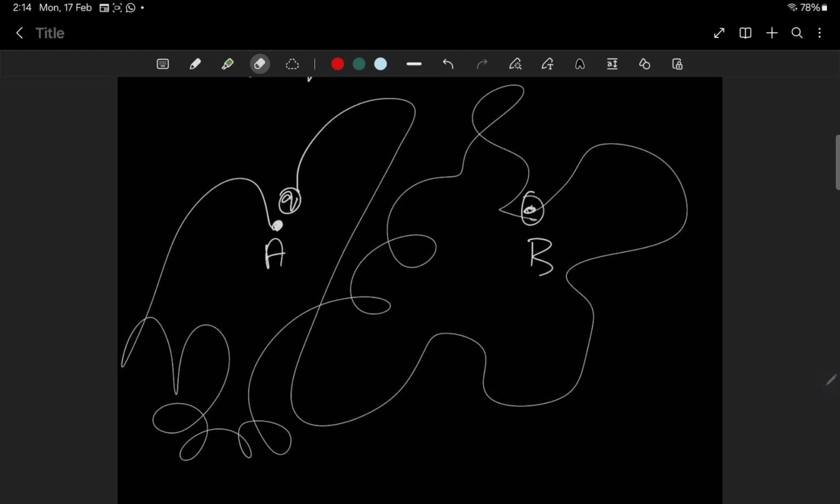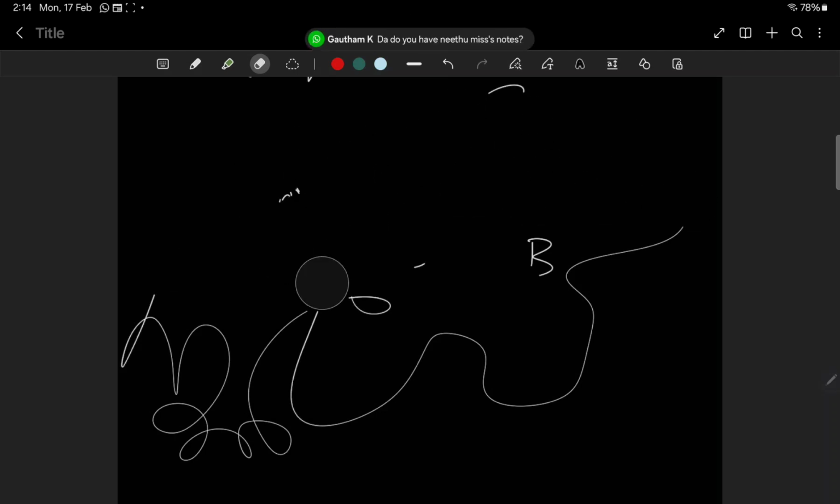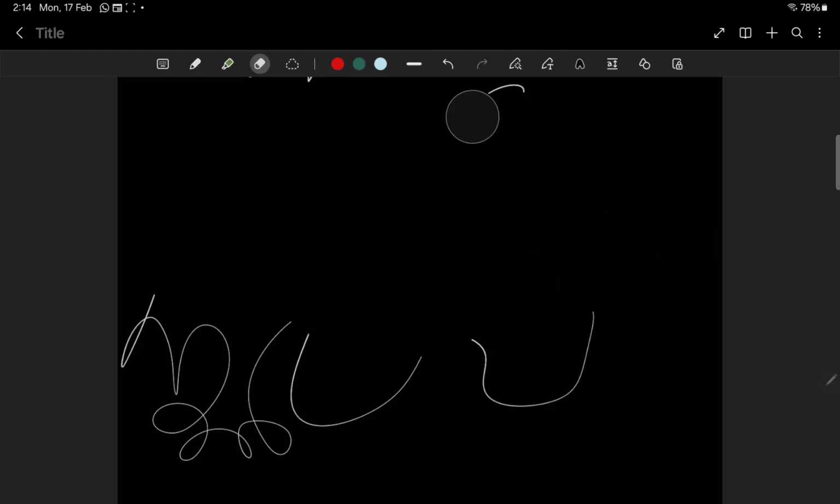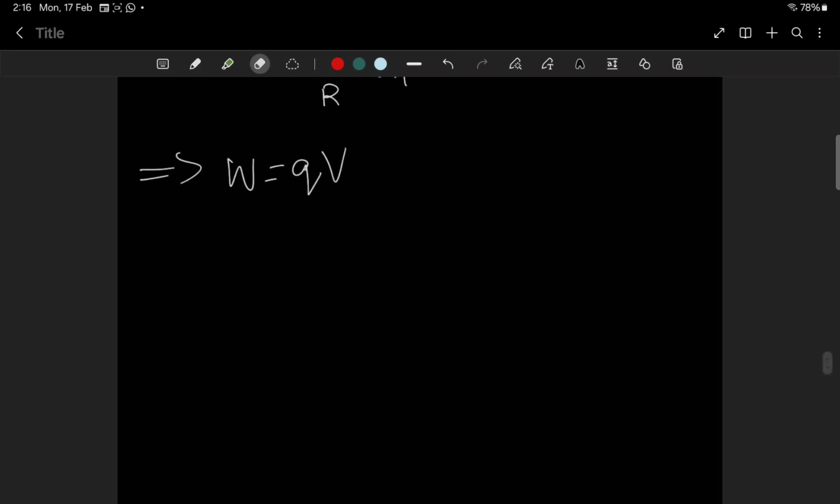In both cases the potential is the same. So W equals QV, as we told. The starting part is only telling us this much.